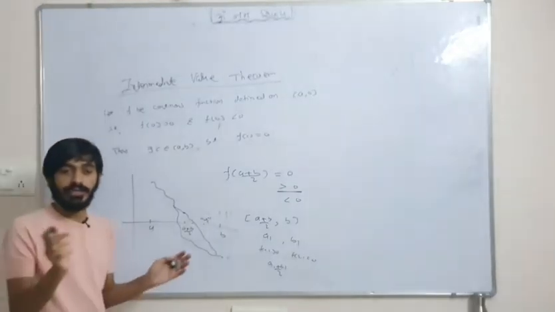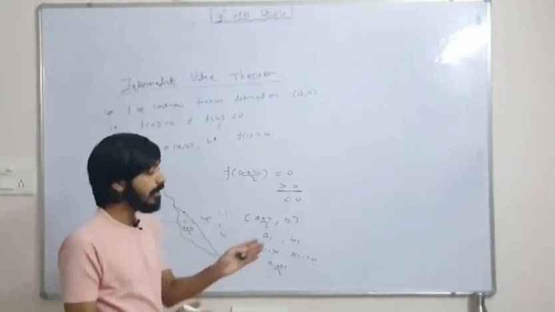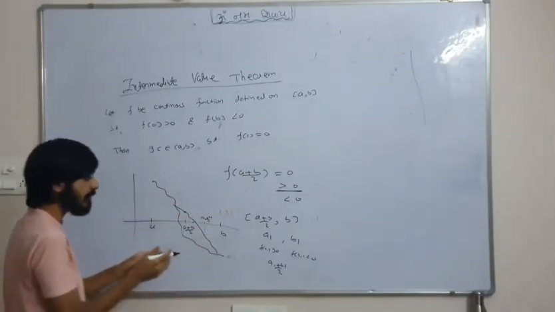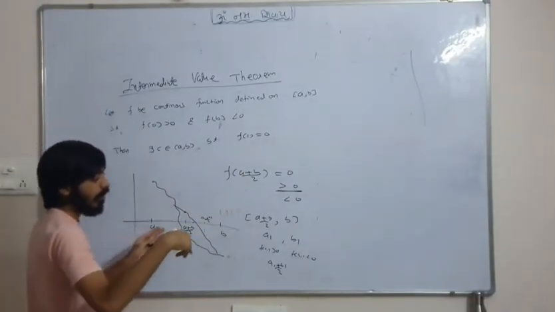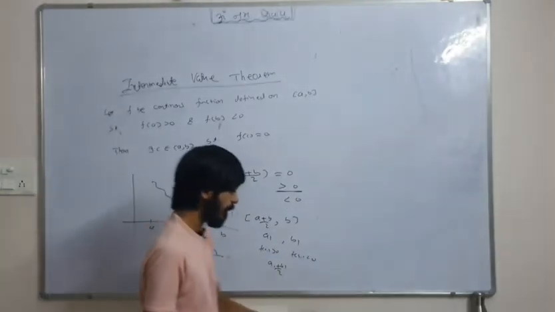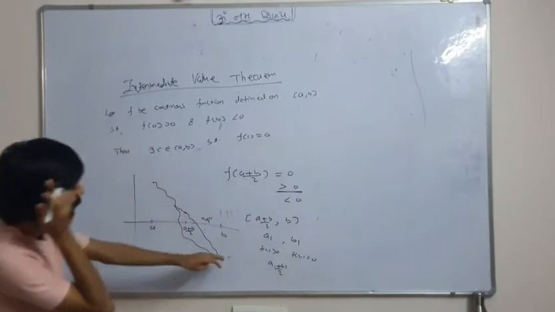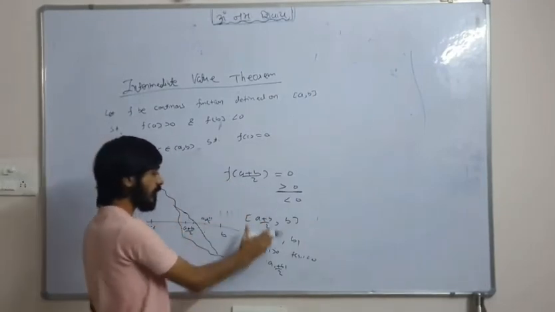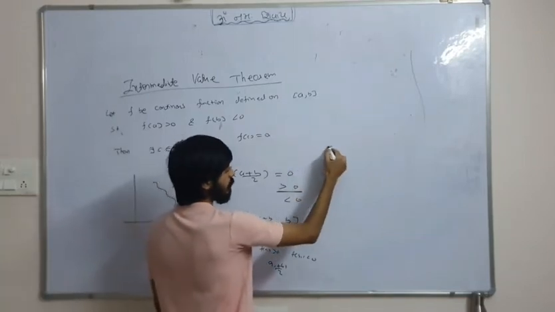I am going to choose intervals in such a way that at the left endpoints the function value stays positive and at the right endpoints the function value stays negative. In this way I am going to construct a sequence of nested intervals with what property.